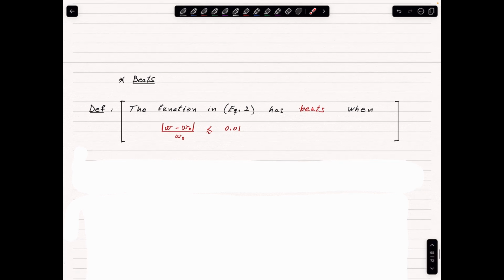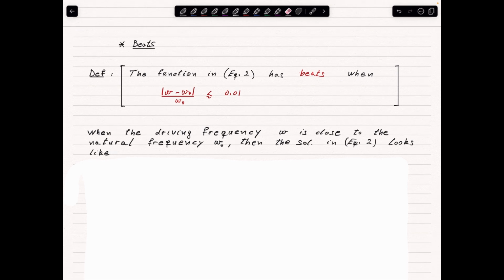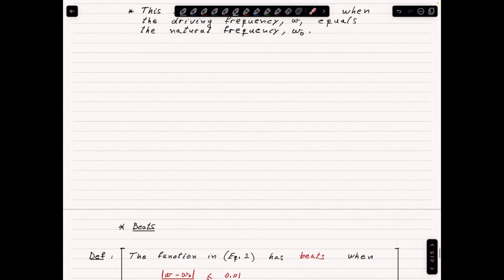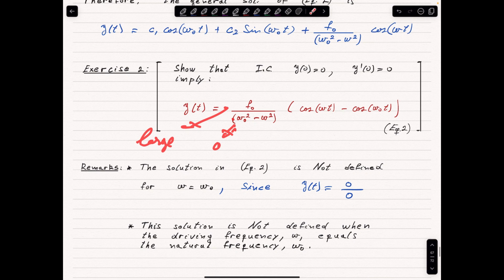When that happens, we see a very strange behavior in the solution. When the driving frequency omega is close in this sense to the natural frequency, then the solution, which is the difference of the two cosines, and notice that we are dividing by that factor, which becomes very close to 0, which means this is really large because the 0 is in the denominator, but we also have that the numerator is close to 0 also.